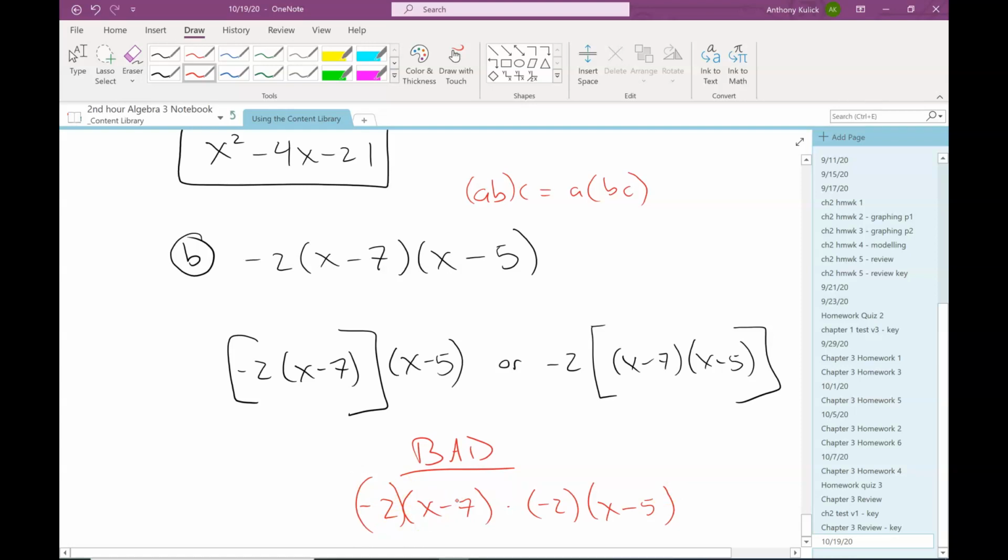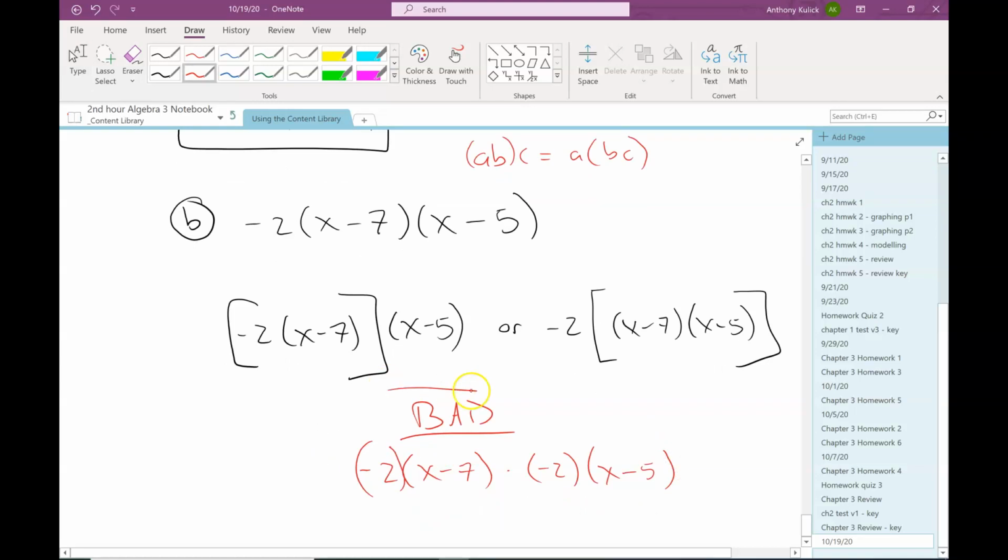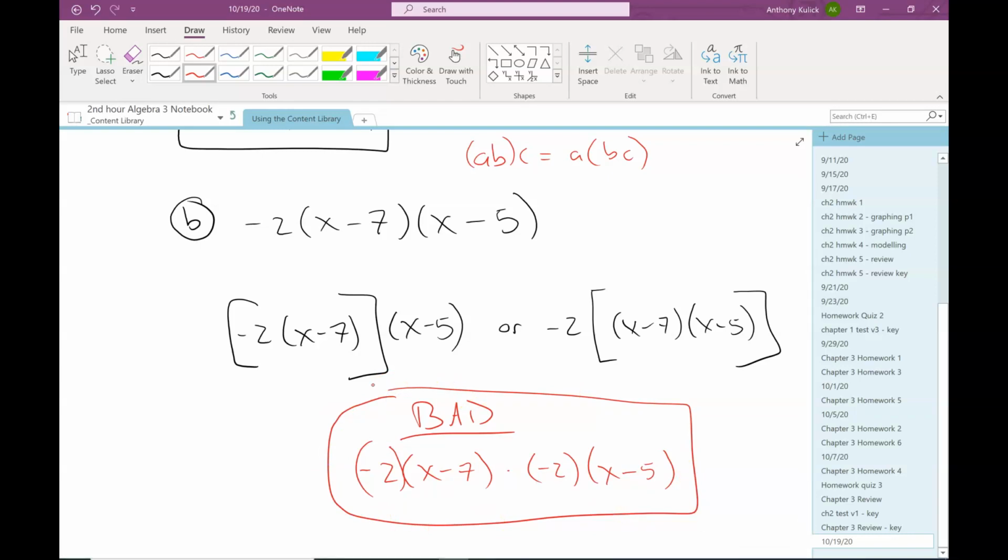Okay? This would be equivalent to saying, oh, if I had 2 times 3 times 5 to go, okay, I'll do 2 times 3, and then I'll do 2 times 5 and multiply those together. That's like what you're doing there, which is nonsense, right? Nobody would do that.